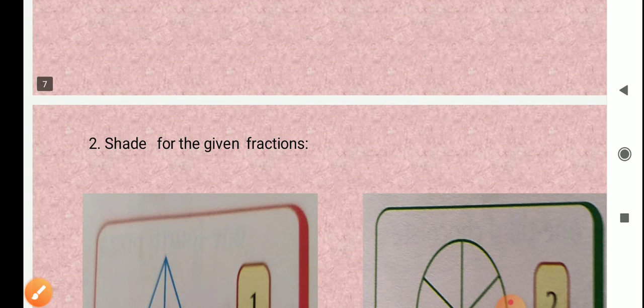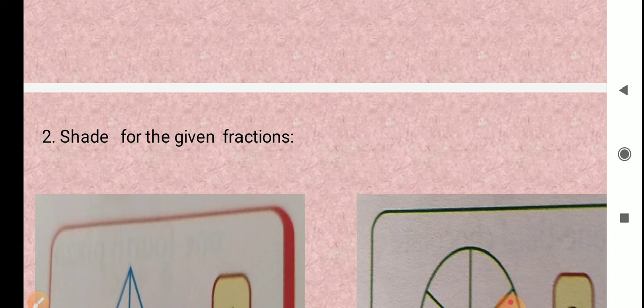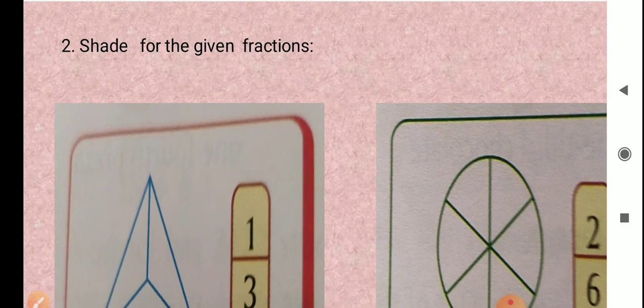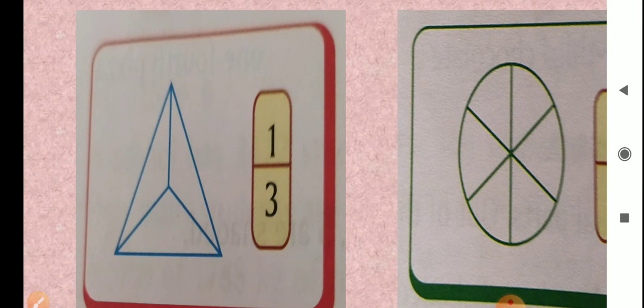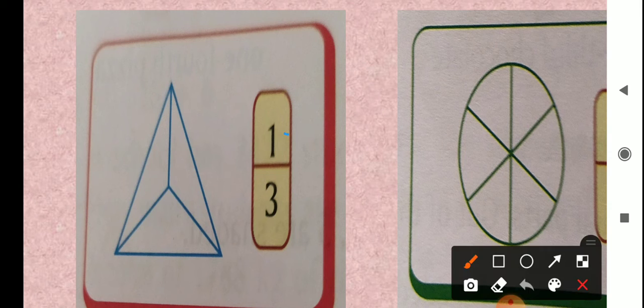Okay. Now see the next question. Shade for the given fraction. Now look here, students. Here the fraction given is 1 upon 3. 3 means the total number of parts. So look here: 1, 2, 3. These are the total number of parts. From that one part is shaded.